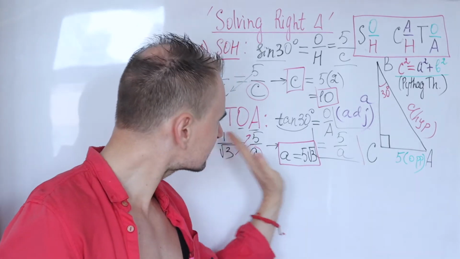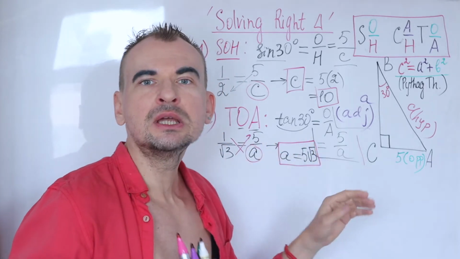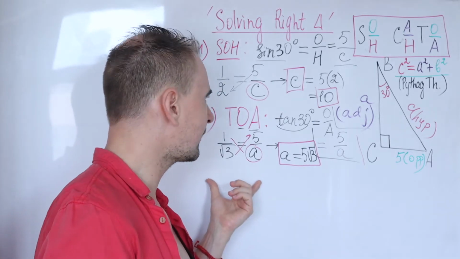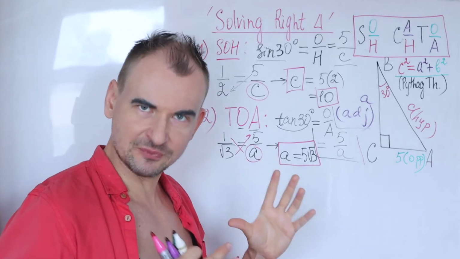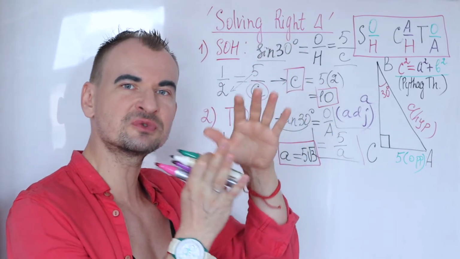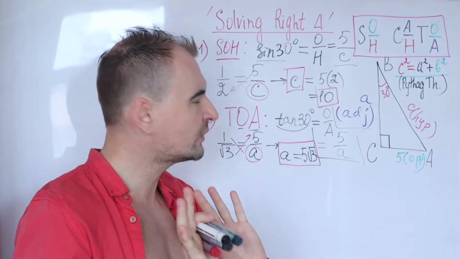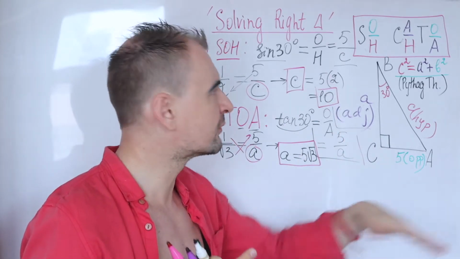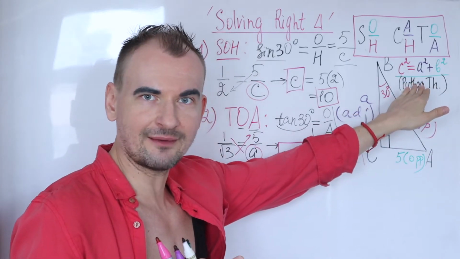If you don't want to tackle this SOH CAH TOA trick, you could use Pythagorean theorem anytime if it's possible to figure out the third side. Because if you know two sides, doesn't matter which one. It could be two legs, and if you need to find the hypotenuse, you need to apply it straight away.